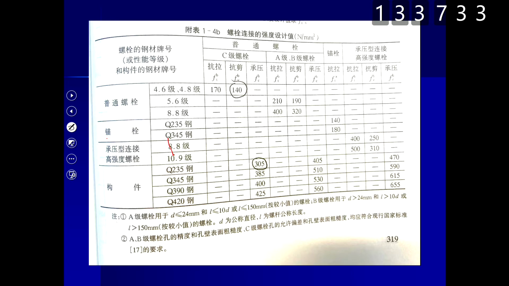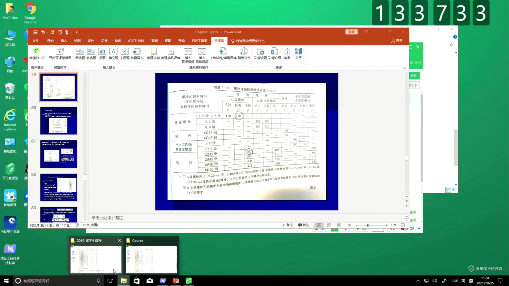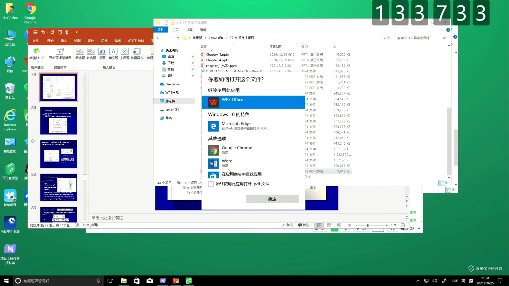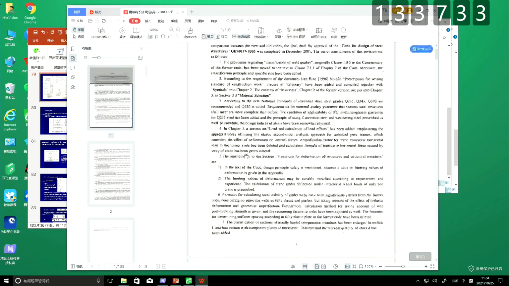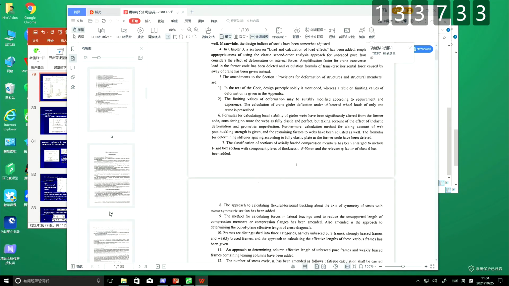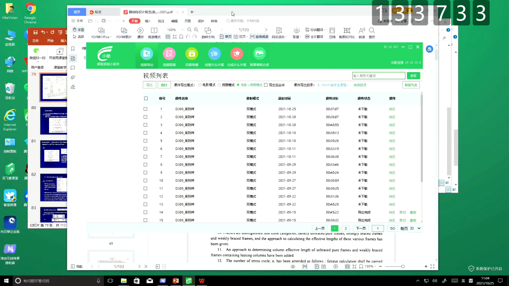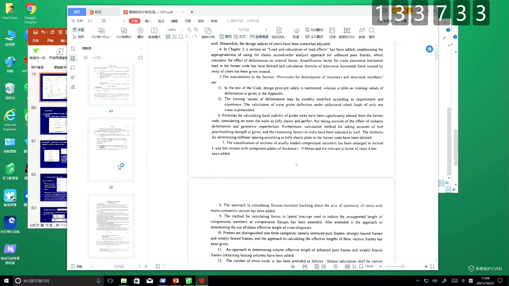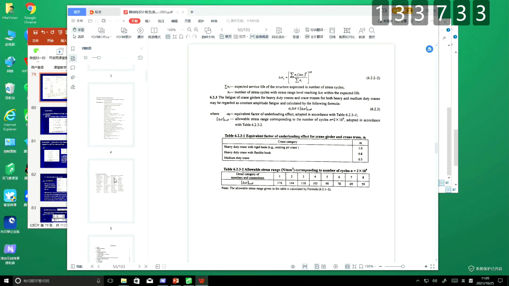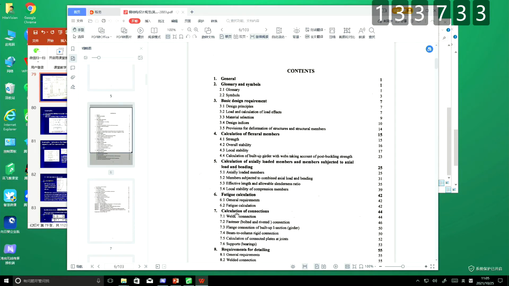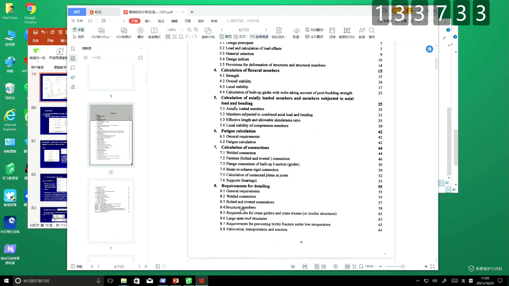Okay, you can find it from the book. And also we have English values. Go to the virtual.